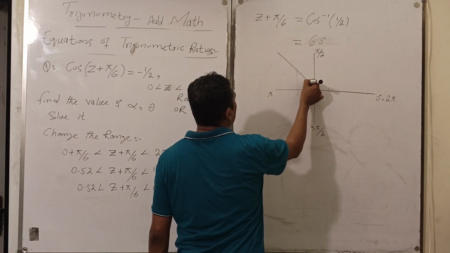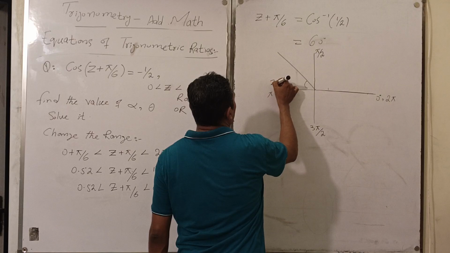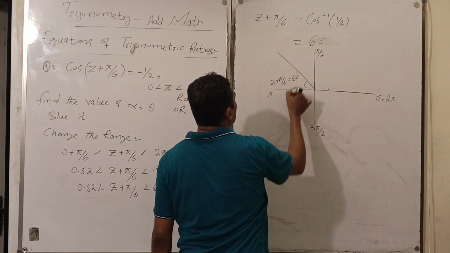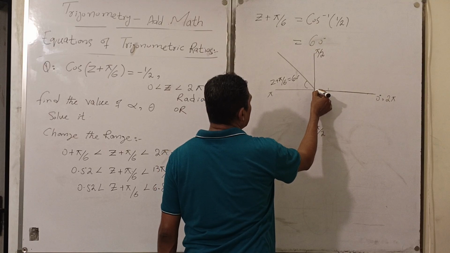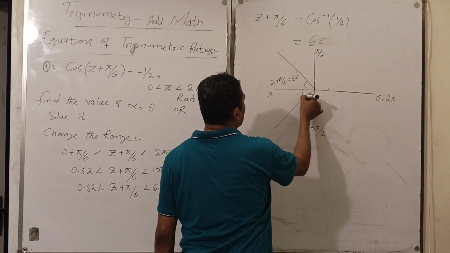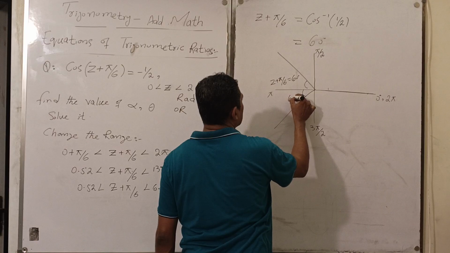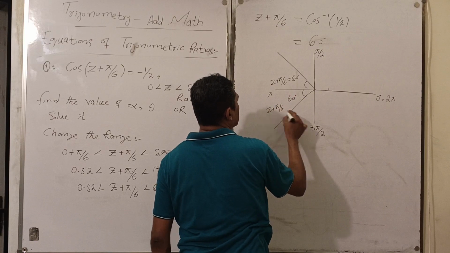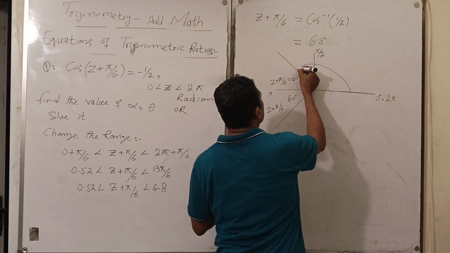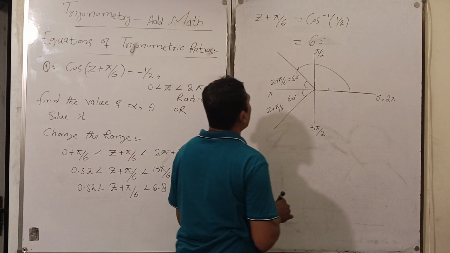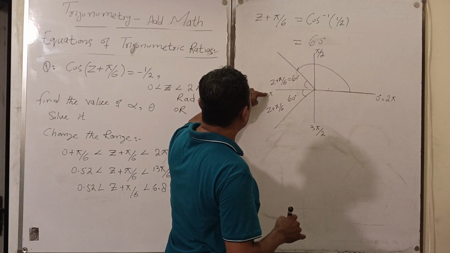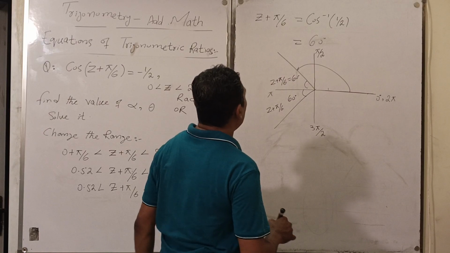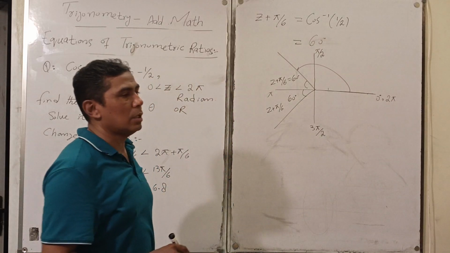Okay, z plus pi by 6 equal to 60 degree. Second and third, this one. And for this one, pi minus 60.